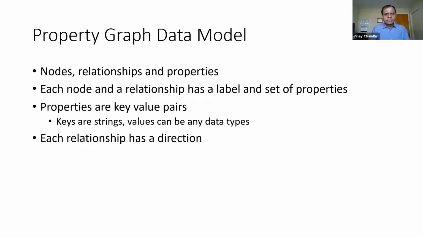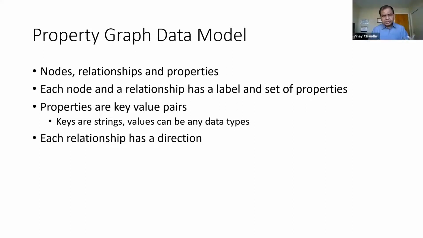So here's the property graph data model in a nutshell. The basic constructs in the data model are nodes, relationships, and properties. Each node and relationship has a label. So in the spirit of the label-directed graph model, that's our label-directed graph. Nodes are the nodes of the directed graph, and the relationship is the label over the edge between the nodes.